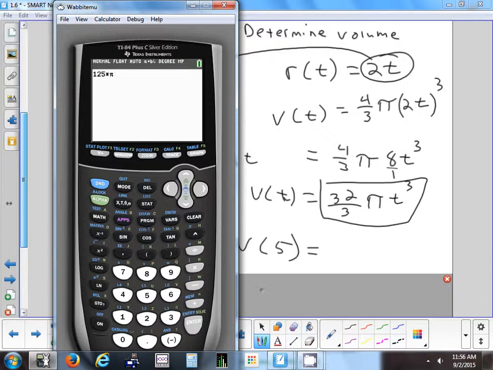Your pi button on the graphing calculator is second, and then it's the exponent button. Times 32, and divide by 3. I typed it in a little different order, but that's the commutative property, that's all fine. Okay, so the volume is, let's just say, 4,188.8.